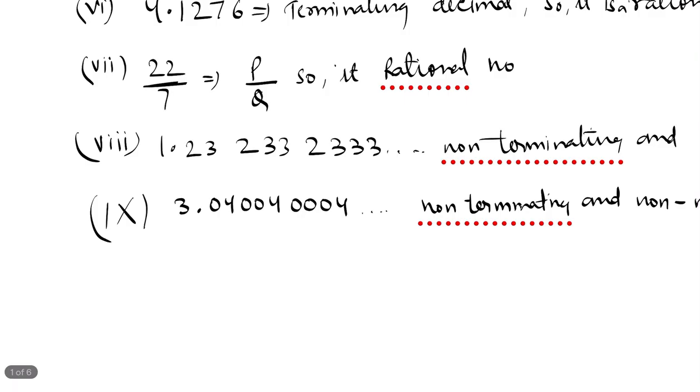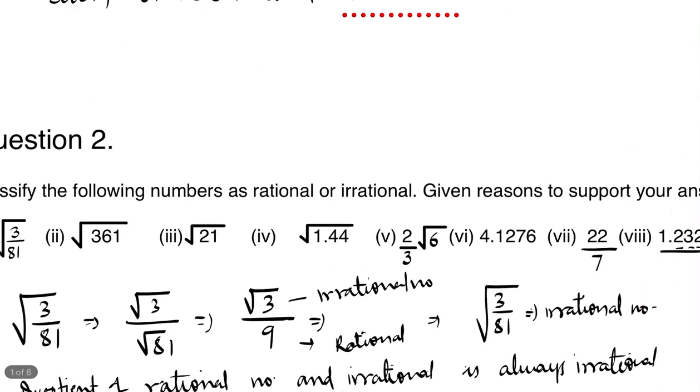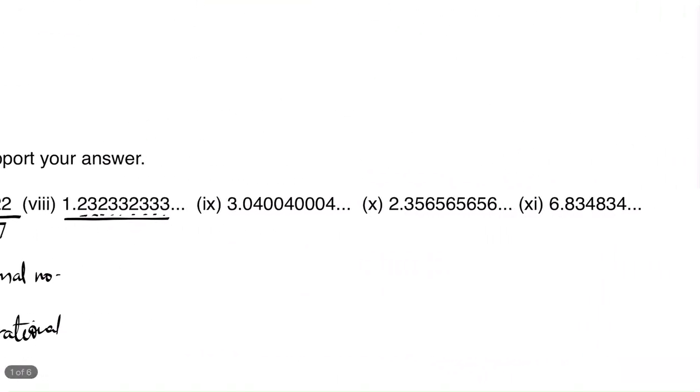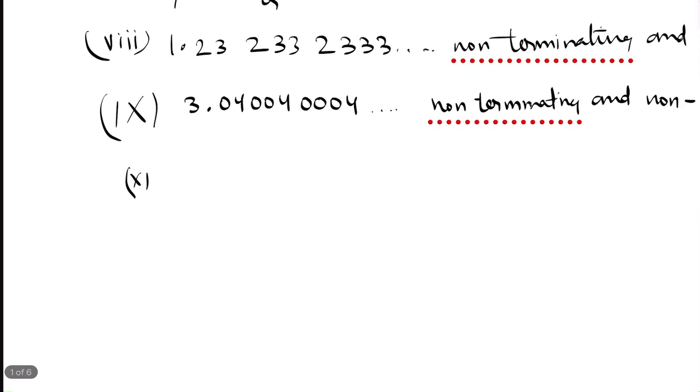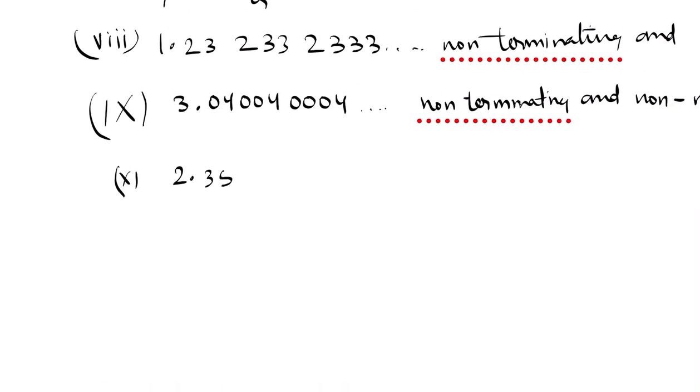Now, the 10th question is 2.356565656... Okay, it means 56 is repeating again and again. So it is non-terminating but repeating. So this is a rational number.